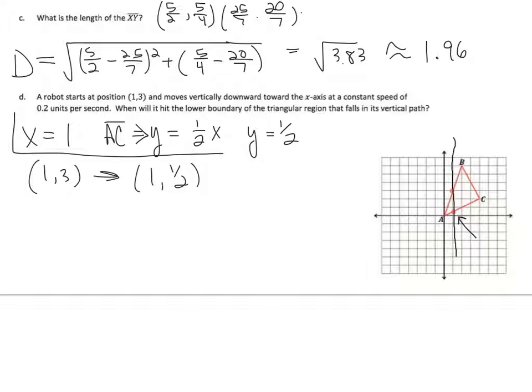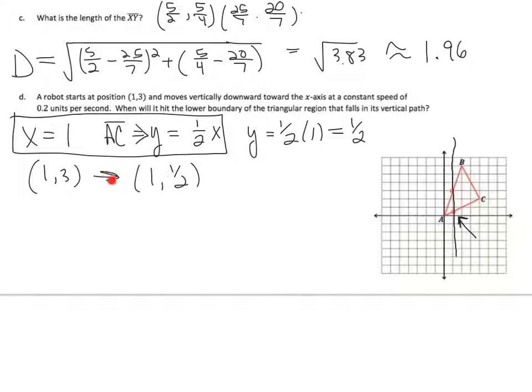Solve the system. So I plugged 1 in for x. I substituted and solved for y. And I got 1/2. So the ordered pair at this point over here is (1, 1/2).